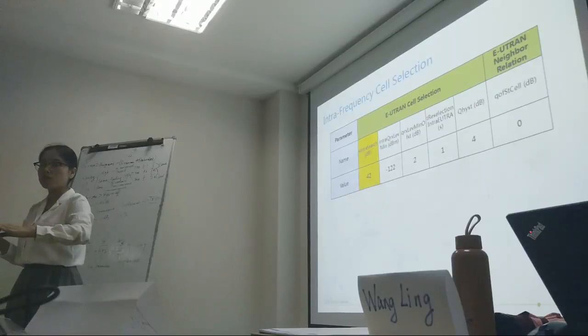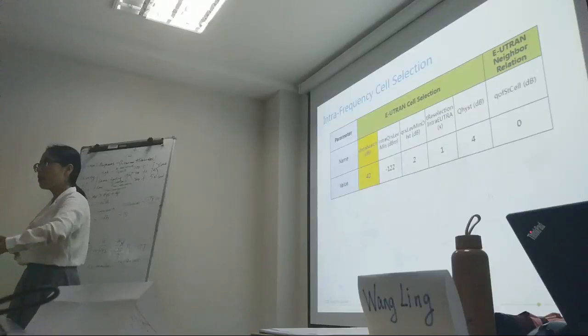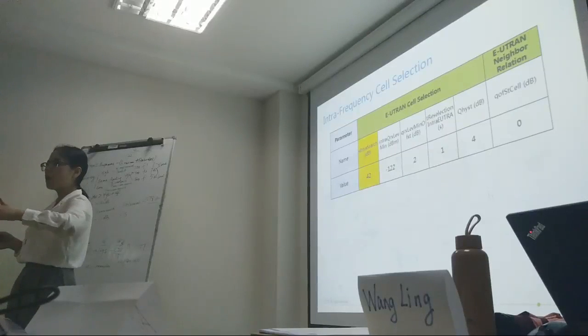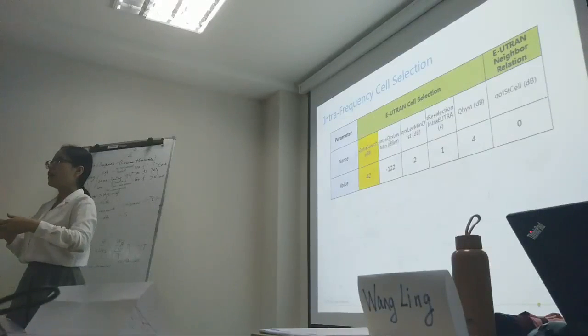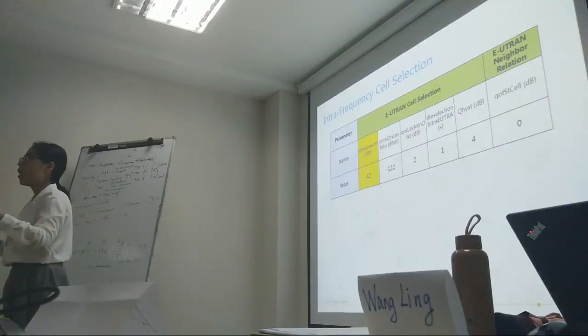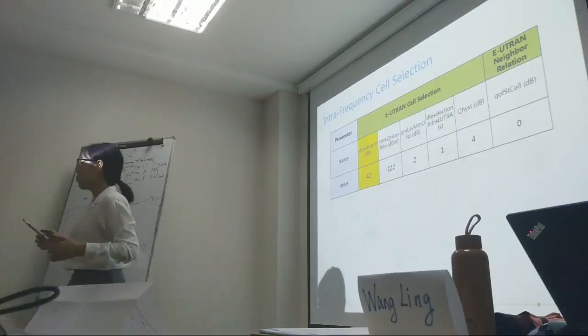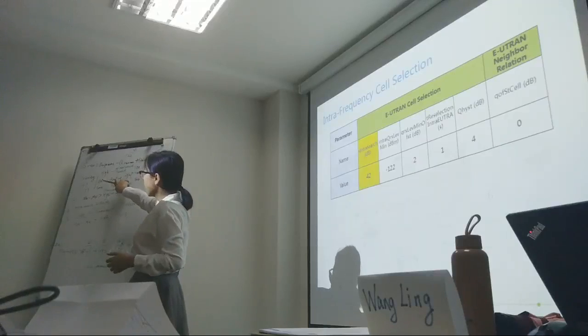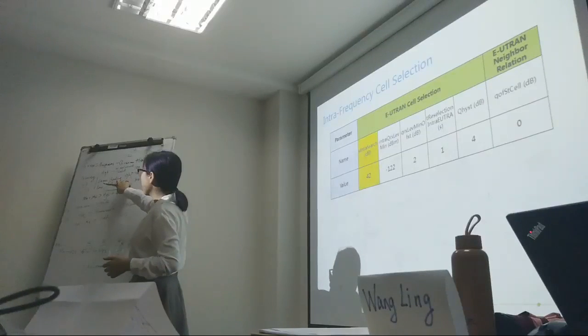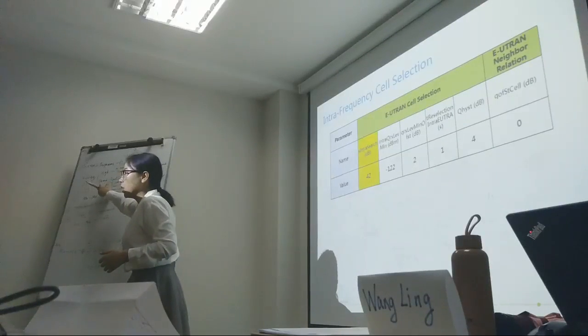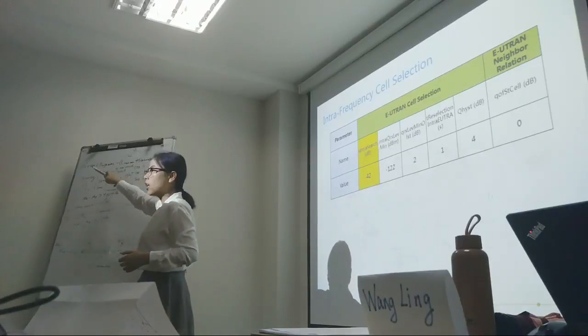It can get these parameters. It can calculate. Does this parameter belong to the neighbor cell or the serving cell? It belongs to SIB 3 or SIB 4. Now this is for the inter-frequency. With the same priority, we use the R ranking.